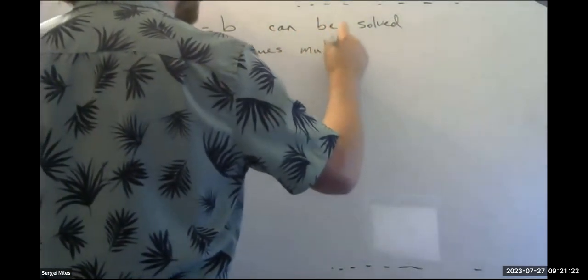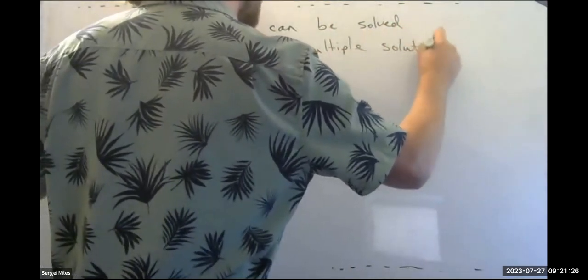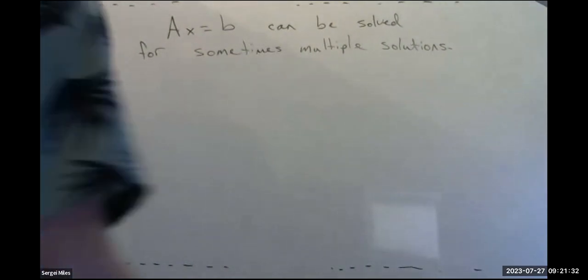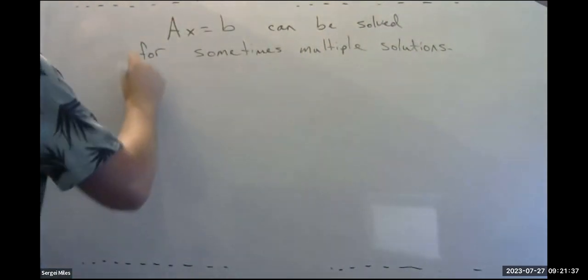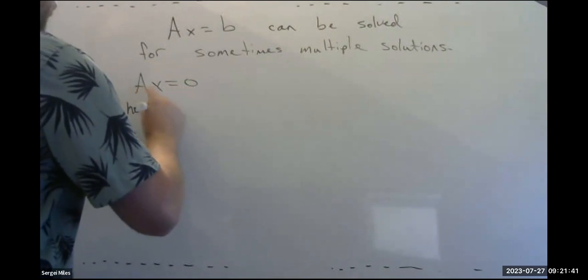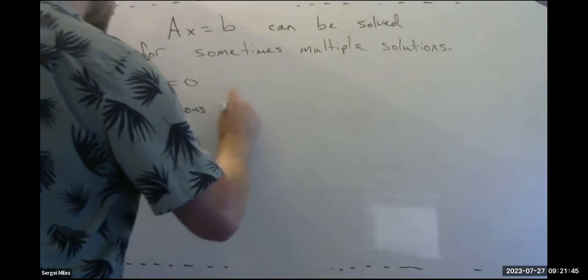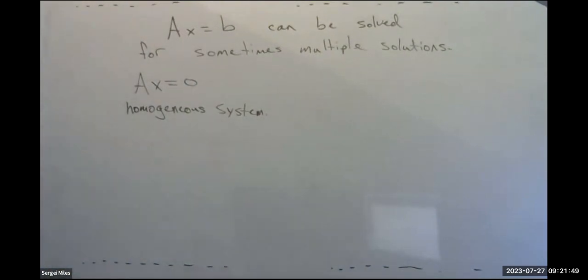multiple solutions. When do we have multiple solutions? When we have free variables, right? So we already know this. This isn't new. But in particular, one class of matrix equations is the homogeneous system. So we're going back to this idea of a homogeneous system, which is just a matrix equation which has been set equal to 0, right?